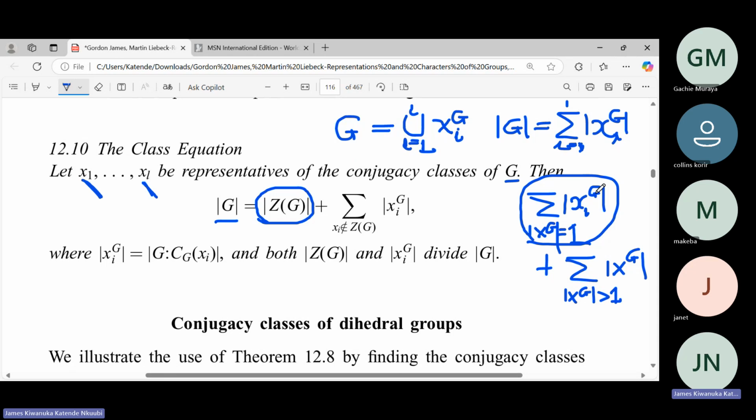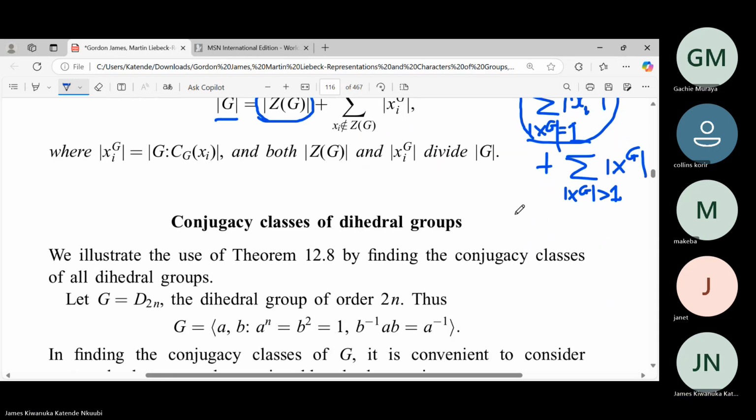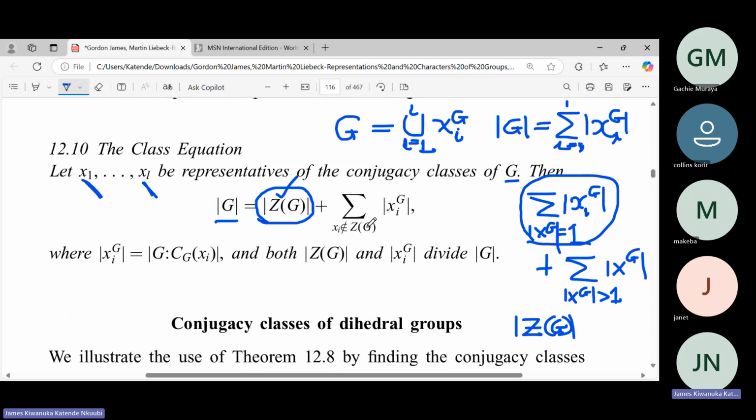So this one is just the number of elements in the center of the group, which is this first part. And then this one simply adds the sizes of the conjugacy classes that have more than 1 element. Those are for the values of X that are not in the center.